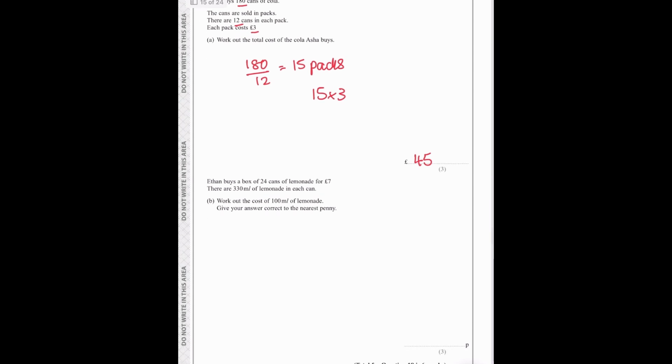Ethan buys a box of 24 cans of lemonade for £7. There are 330 millilitres of lemonade in each can. Work out the cost of 100 millilitres. So first of all, we need to find the price of one can. So that's going to be £7 divided by 24, which equals 0.2916 for one can. There are 330 millilitres of lemonade, so 330 in one can equals that price, 0.2916.